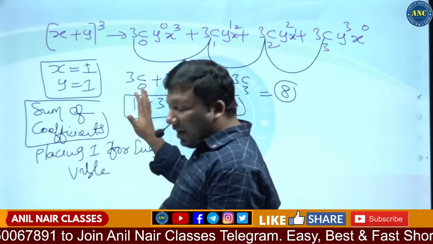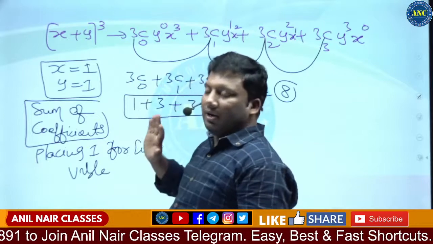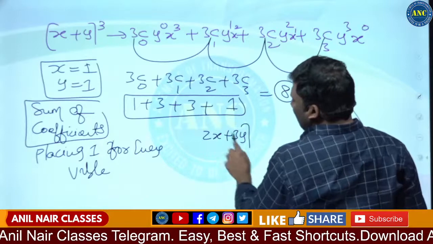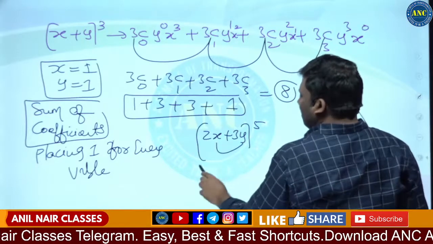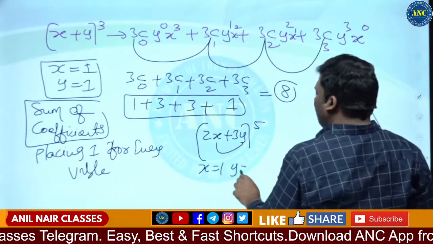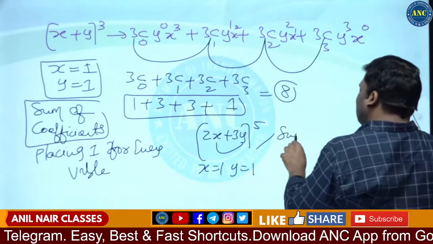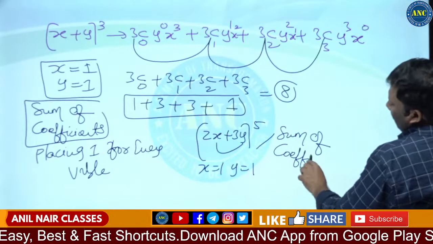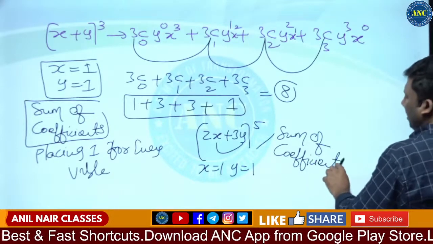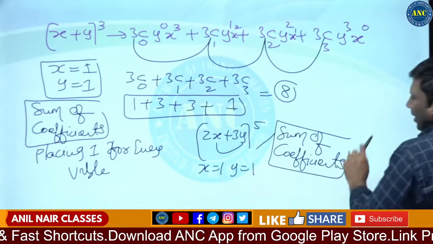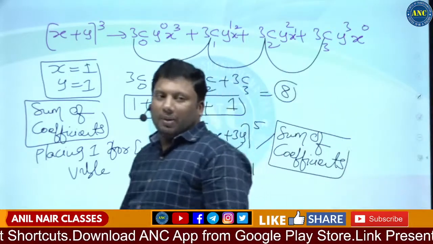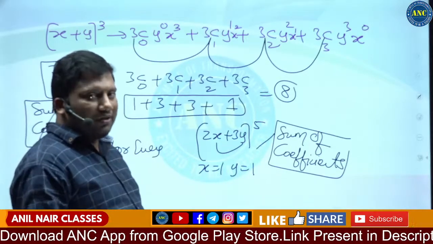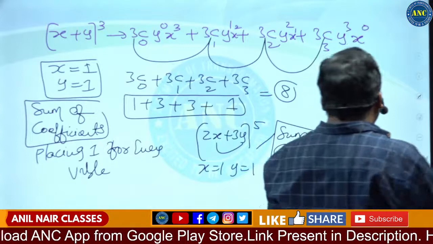Suppose it is 2x plus 3y power 5, wherever a variable is there, substitute 1 in place of the variable to get the sum of the coefficients. Very, very important concept.